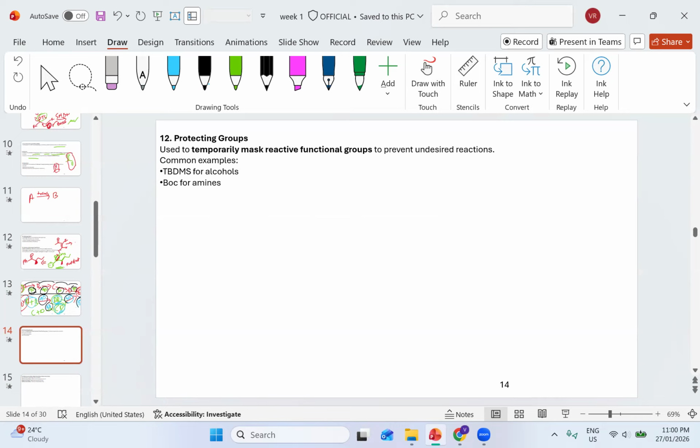Okay, the next important concept is the protecting group. This is the most important concept in organic synthesis.